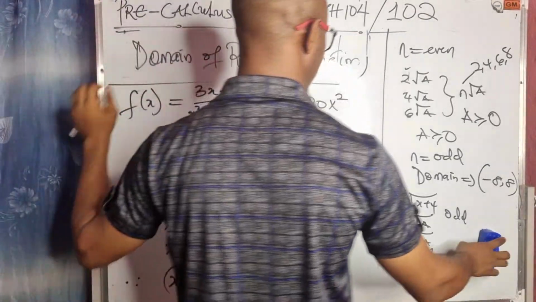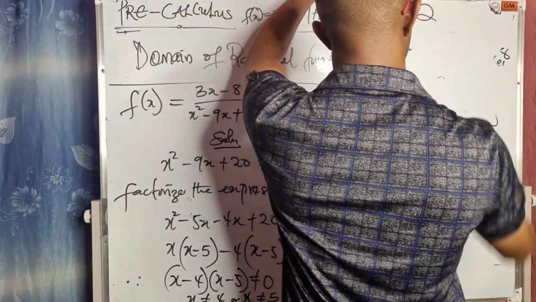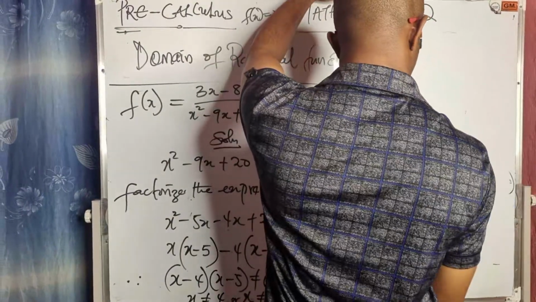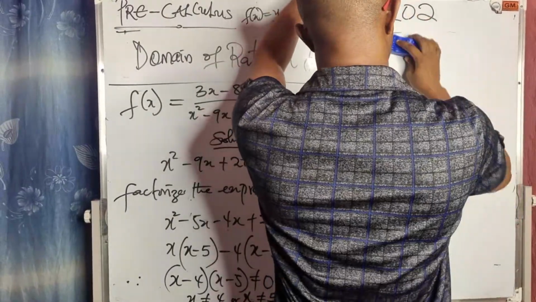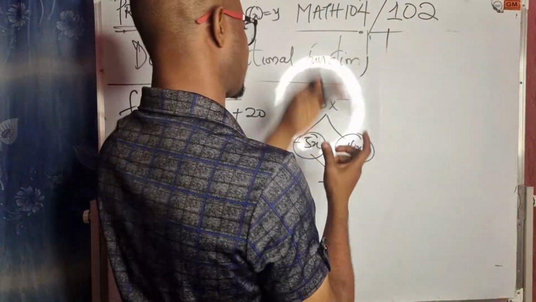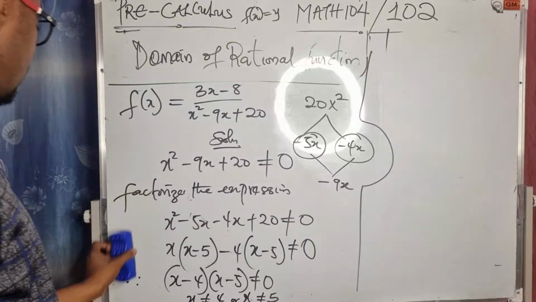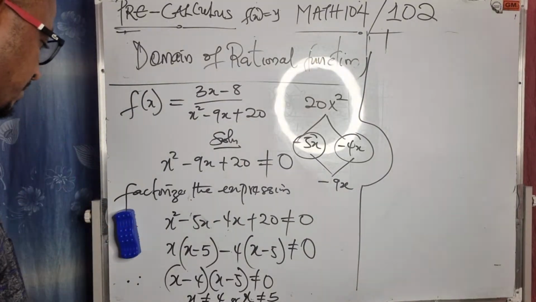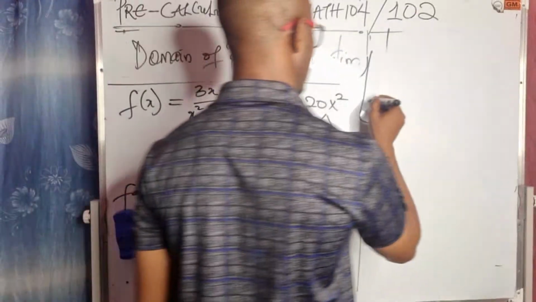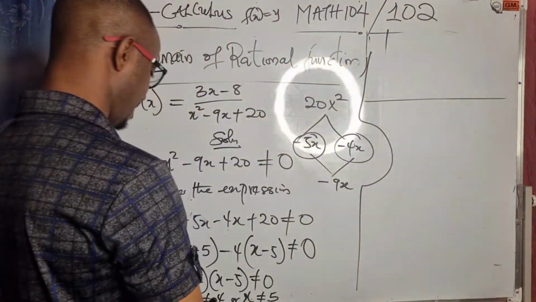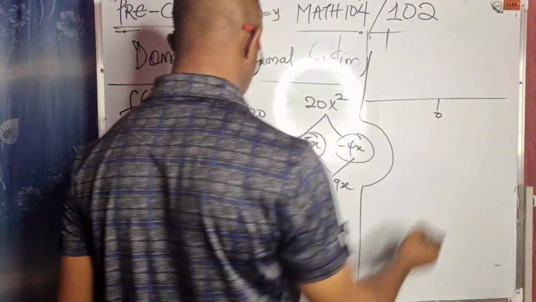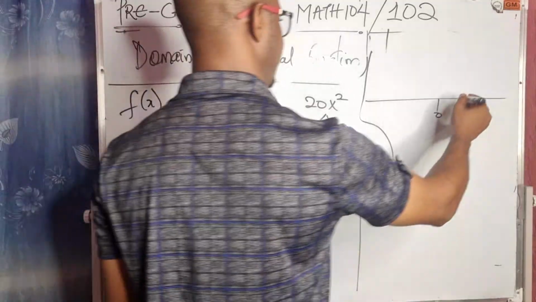So let's see how we can bring them out. So let's go. If I have my number line here, we have 0. Here we have 4.